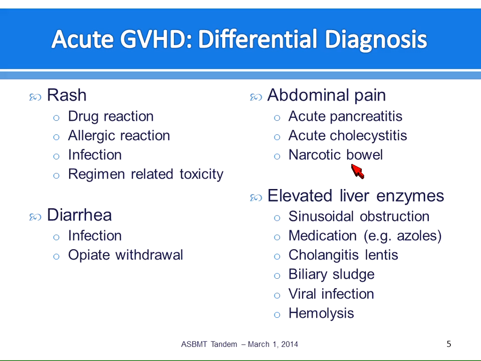Other causes of abdominal pain that you don't want to forget are pancreatitis, so it's often helpful to draw a lipase or an amylase. And then moving down to the liver enzyme abnormalities, there's all of these manifestations that can occur. A frequent one that we must remember is the cholangitis lenta, when you've got a bacteremia or causes of sort of that cholestatic liver picture.